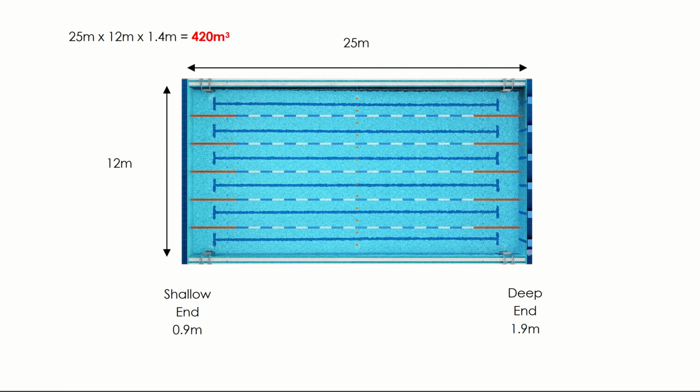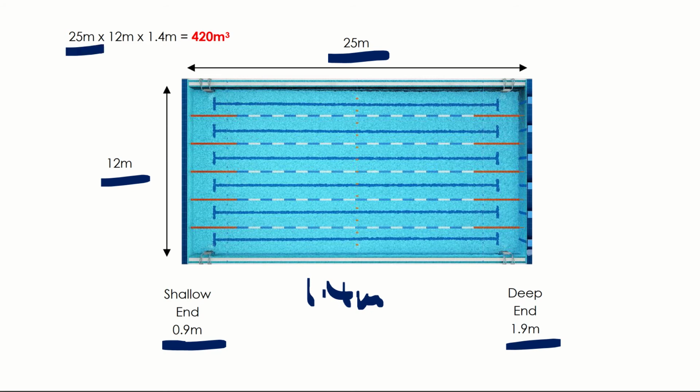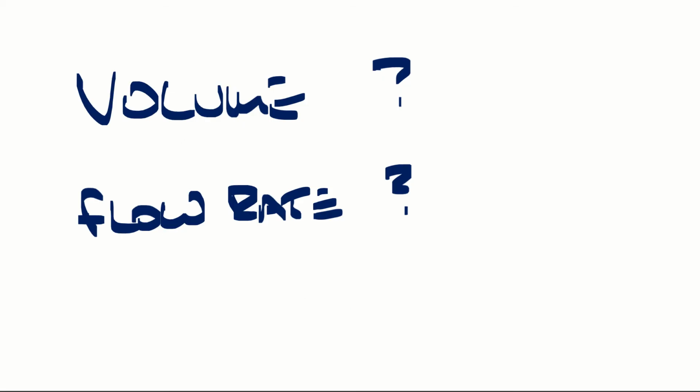So if you've got a length of 25 meters, a width of 12 meters, and an average depth of 1.4 meters, which you work out by basically taking the shallow end depth, adding it to the deep end depth, and then dividing by 2, it would work out as 25 meters multiplied by 12 meters multiplied by 1.4 meters, which would give you a volume of 420.